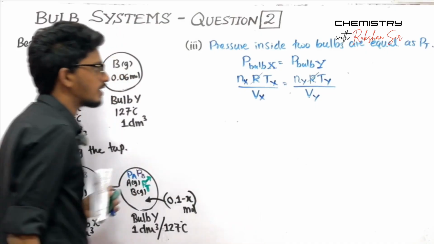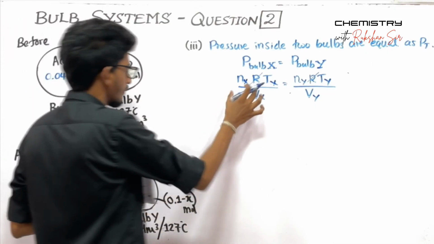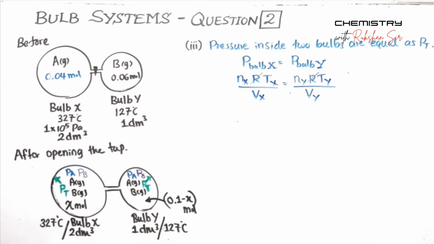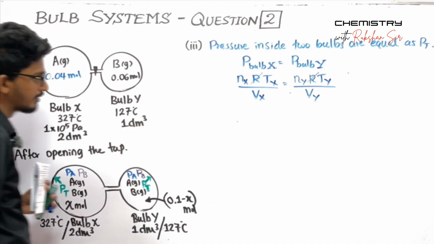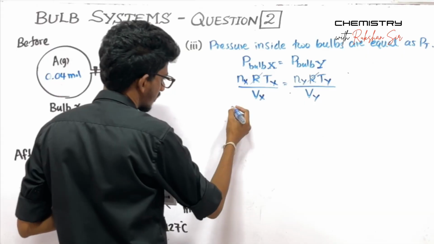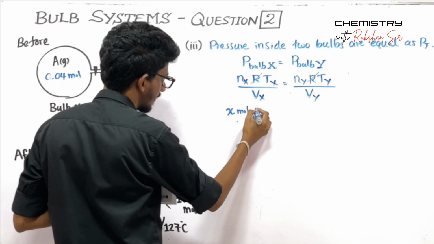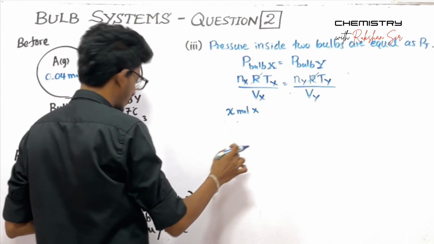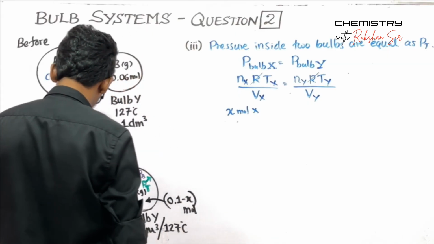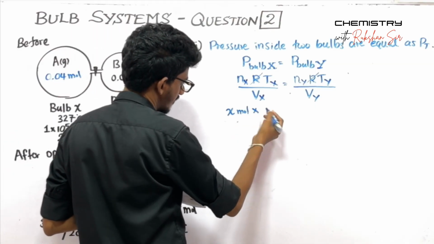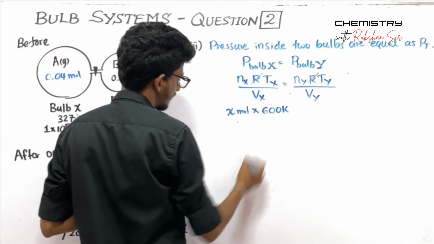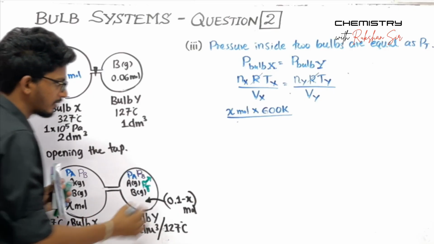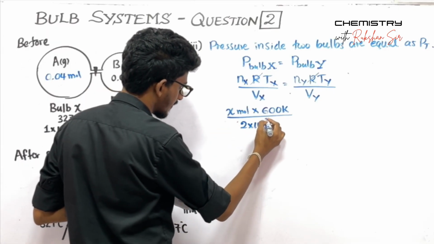Let's apply the values. For bulb X, you are with x moles. The temperature for bulb X is 327 Celsius, that means in Kelvin it is 600 Kelvin, divided by the volume of bulb X, that is 2 decimeter cubed, so 2 into 10 to the power minus 3 meter cubed.